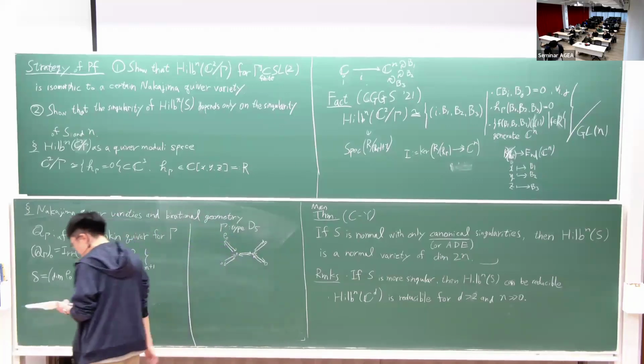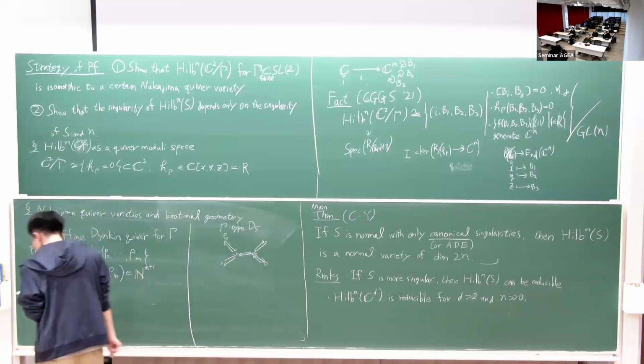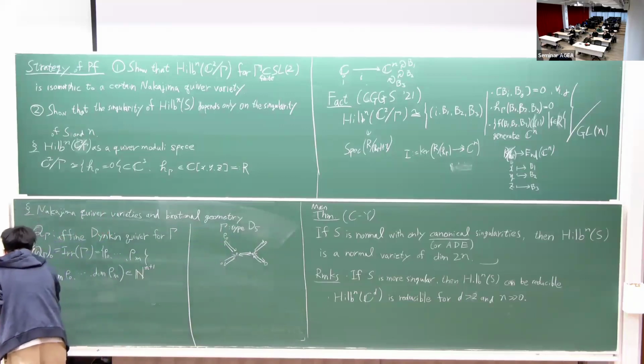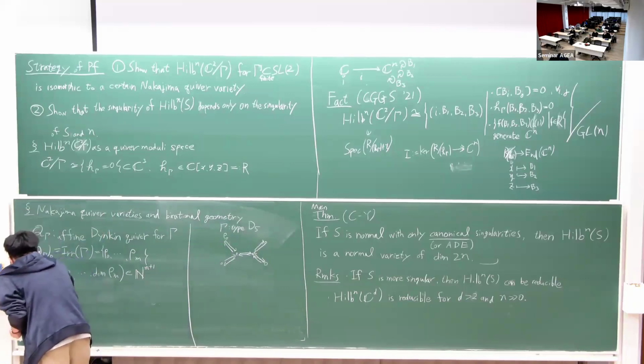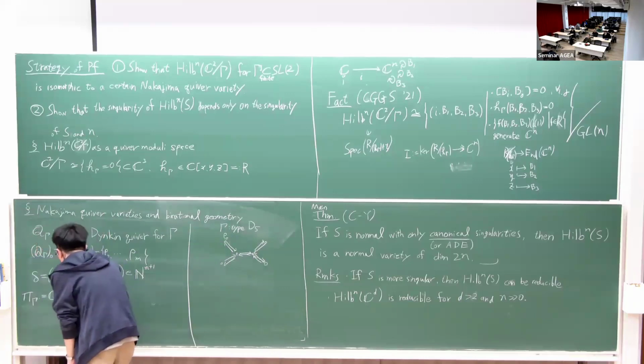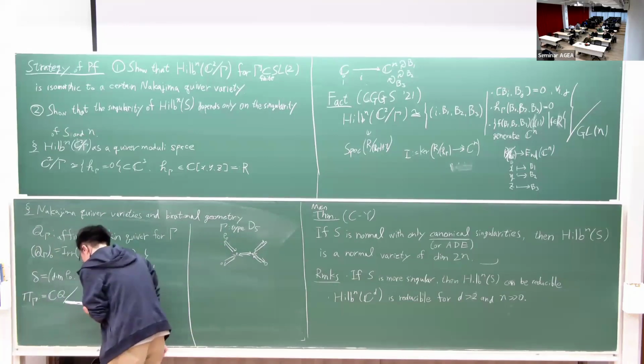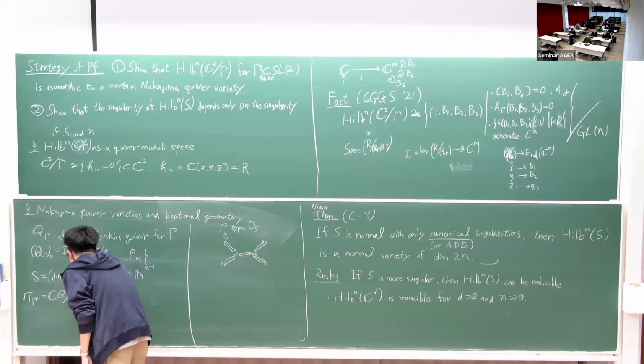And we also consider relations for this quiver. In this case, the relation is given as follows. We consider the algebra Pi gamma. This is a non-commutative algebra, the quotient of the path algebra modulo some ideal.